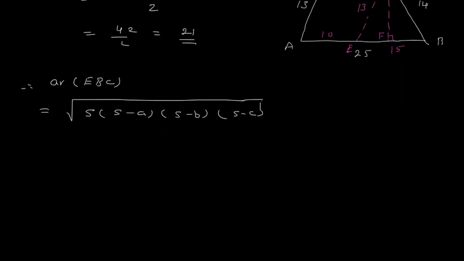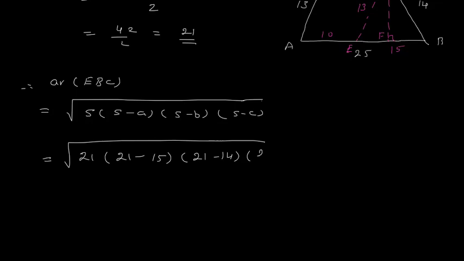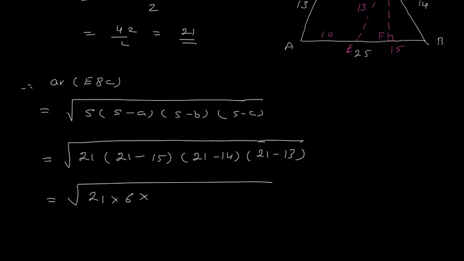So we will put all these values. This is square root of 21 into 21 minus 15, which is 6, 21 minus 14 is 7, 21 minus 13 is 8.